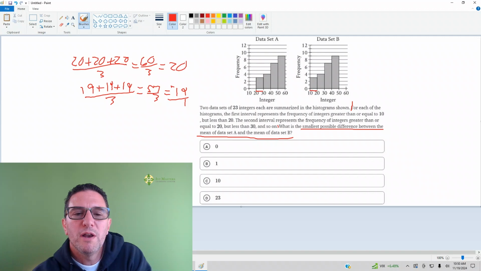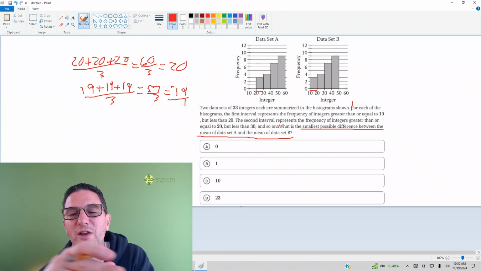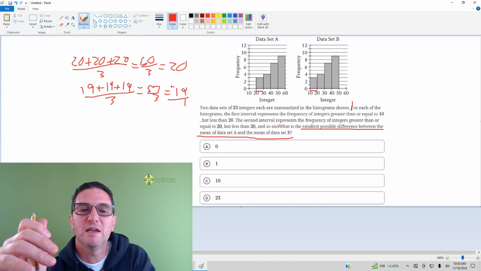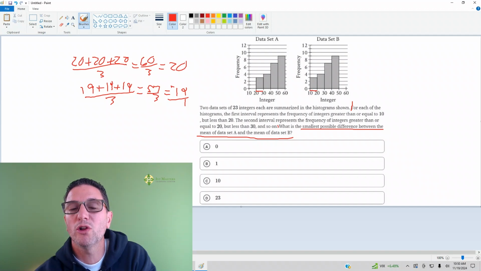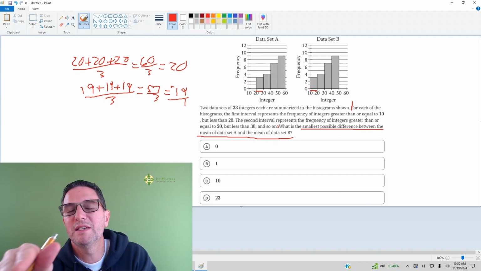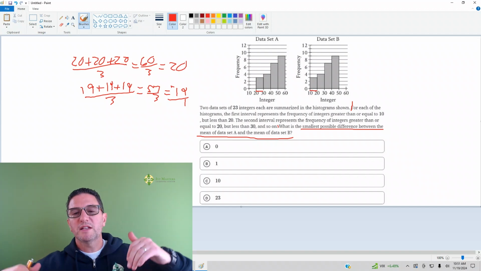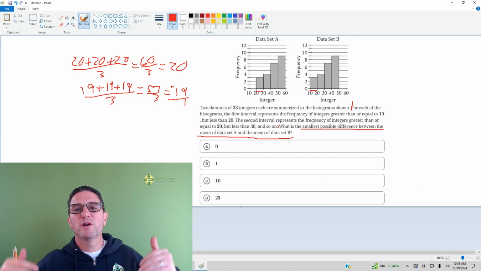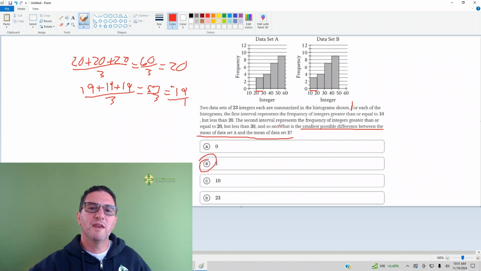But if I did what I just did for all of the values in data set A and all of the values in data set B, hopefully you can tell just from this first bar that the smallest possible difference for the means is going to be 1, because every value in data set A, all 23 of them, is going to be 1 bigger than the value in data set B. So if each of the 23 is 1 bigger, that's a total difference of 23, and then you divide by 23 because there are 23 values. So your answer is B. It's 1.